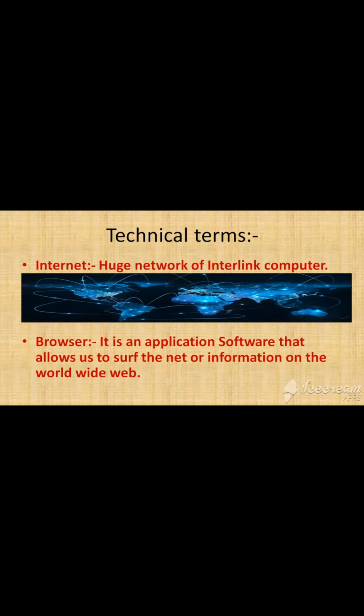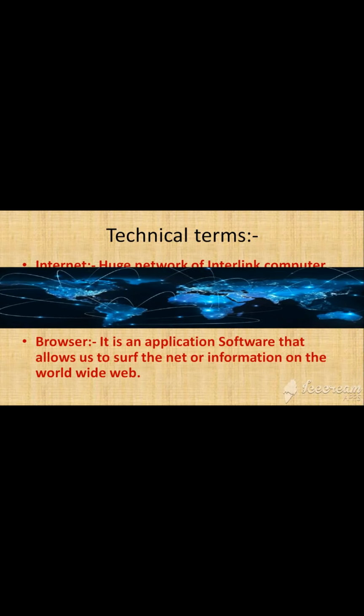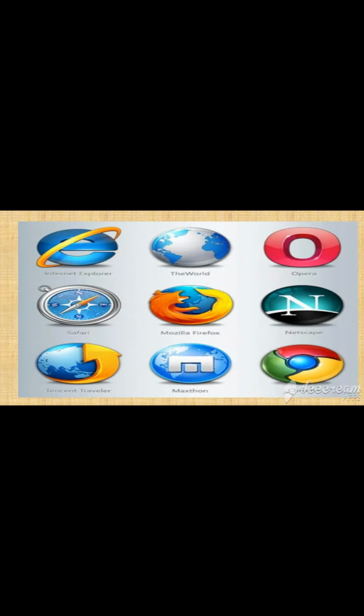That is an application software and its technical name is browser, that helps you to surf the net or the information over the internet. Now it's clear what the browser is. Look here, so many browsers are there. The commonly known browsers are Chrome, Mozilla Firefox and Internet Explorer. But apart from that, so many others are there, you can see on your screen.